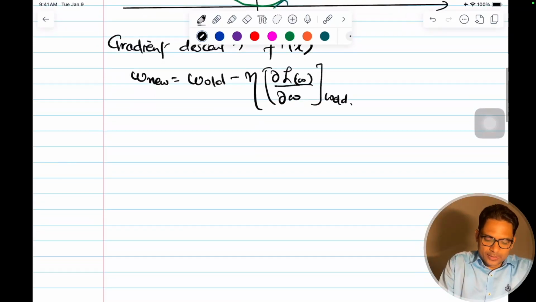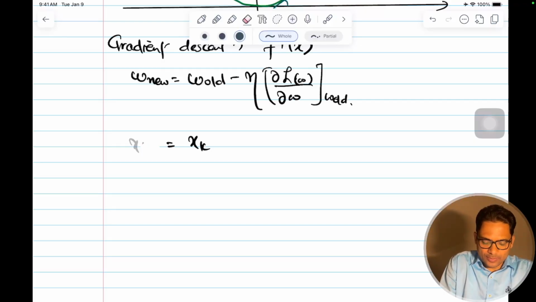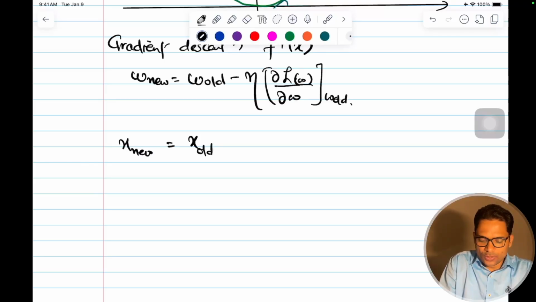What Newton's method does is, say for example I'm moving to the next point x k plus 1, I'm giving you a simplified view so that you understand what it does. It will do x new equals x old minus f dash x old by f double dash x at old.